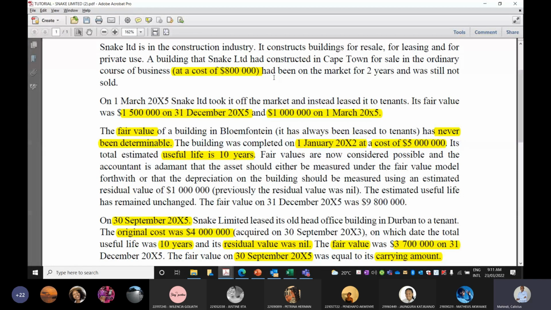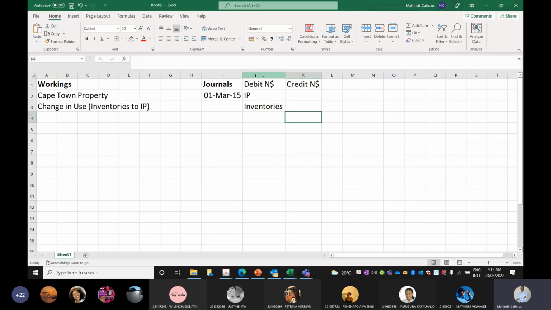And then the standard tells us when you're going to do the transfer, you're going to transfer the inventories at its carrying amount. We're not told that the net realizable value is lower. So we just use the cost price of 800,000. So the amount here will be 800,000.